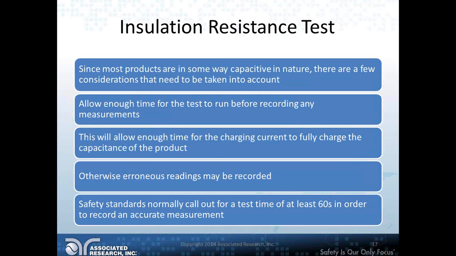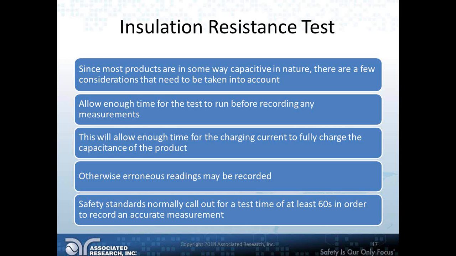Now, once again, going back to the point where we know that most products are in some way capacitive in nature, there are a few considerations that need to be taken into account when performing an insulation resistance test.